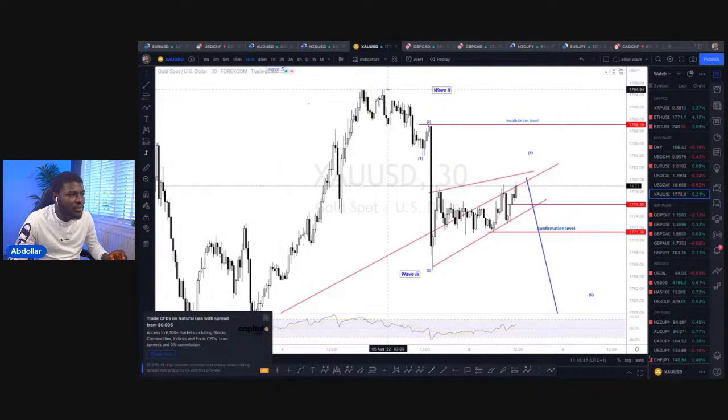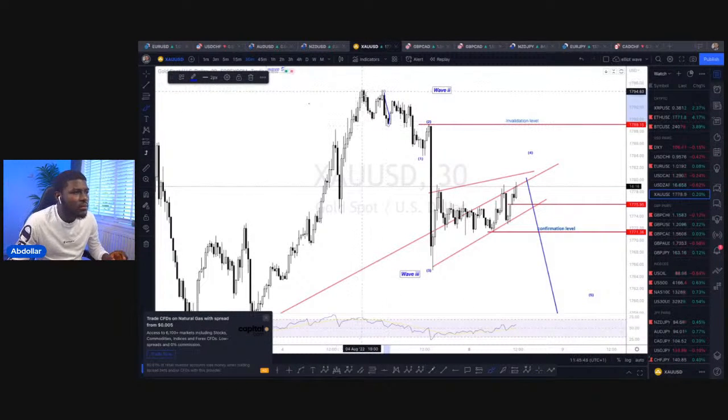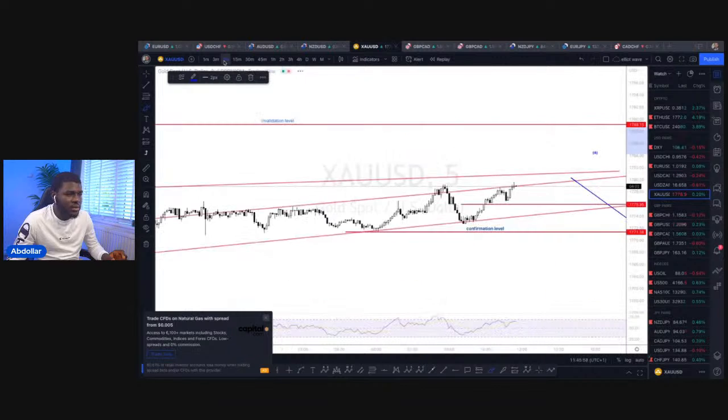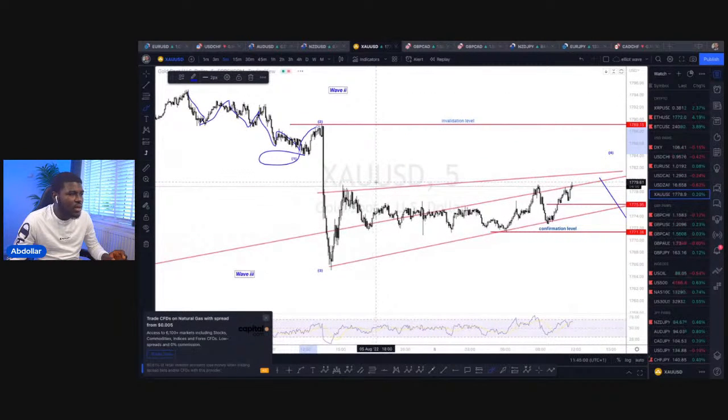All right, starting from this very high here, we are able to say, okay, we have an impulse right here. Okay, then the correction. This is 1, 2, 3, 4, 5. That's another wave 1, correction to the upside, wave 2, and these long candlesticks are wave 3. So now I'm going to 4-hour time frame again.